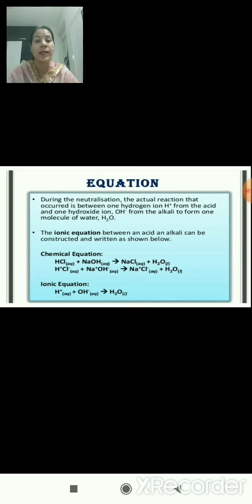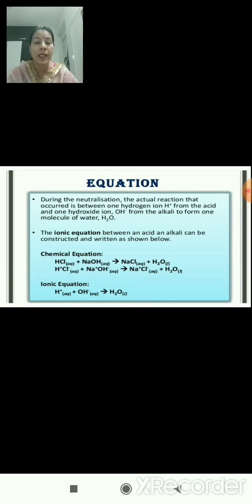below. Here in this slide you can see a chemical equation where HCl is written. Children, HCl is hydrochloric acid which is reacting with sodium hydroxide. This sodium hydroxide is written as NaOH here. When these two, acid and base, are reacting, it is producing NaCl and water molecule here.